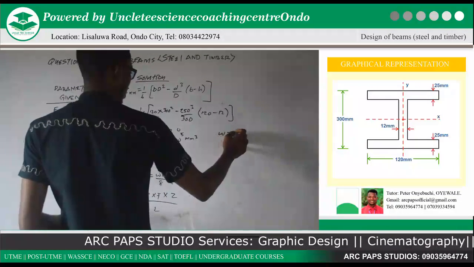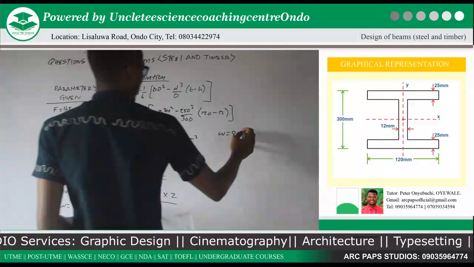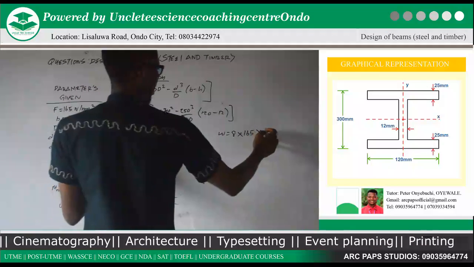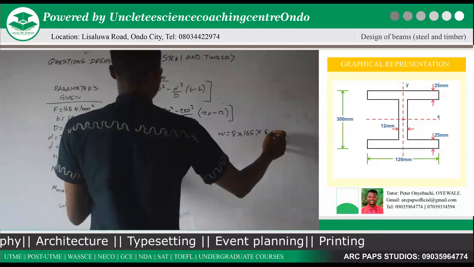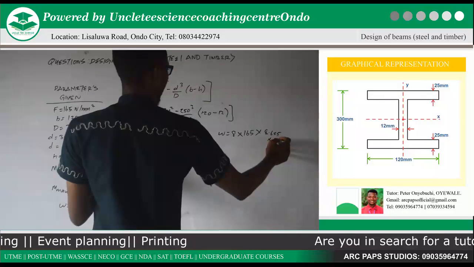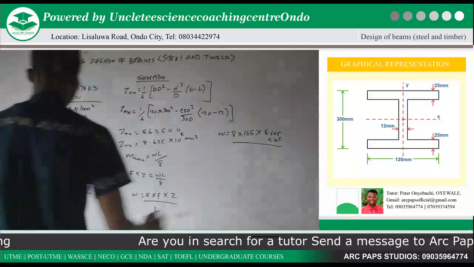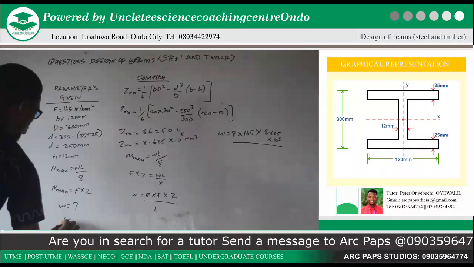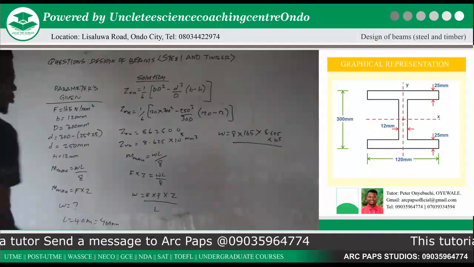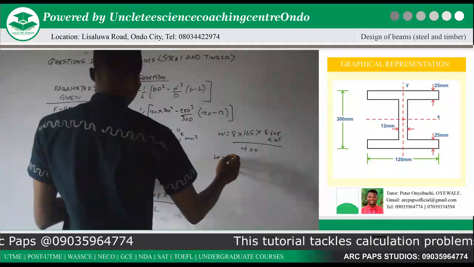Now our W will then give us 8 times our bending stress, which is 165, times our sectional modulus, which we have gotten to be 8.625 times 10 raised to power 5, everything divided by our L. Okay, I didn't put the parameter for L. L is 4.0 meters, so that will be 400.